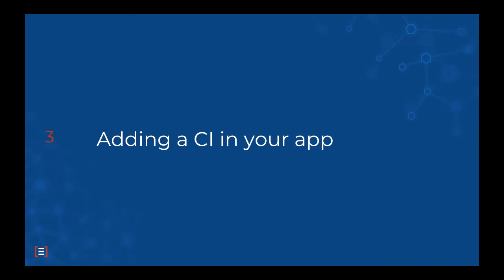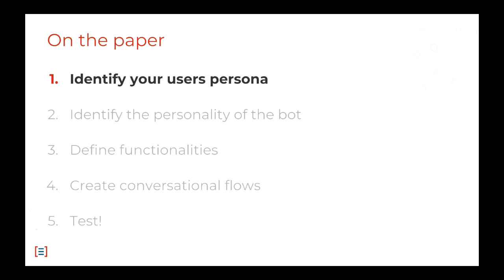So we saw why you should put in a conversational interface. Now we'll see how we can put it in your app. The first thing you need to think about is what kind of bot you're going to develop for your users.